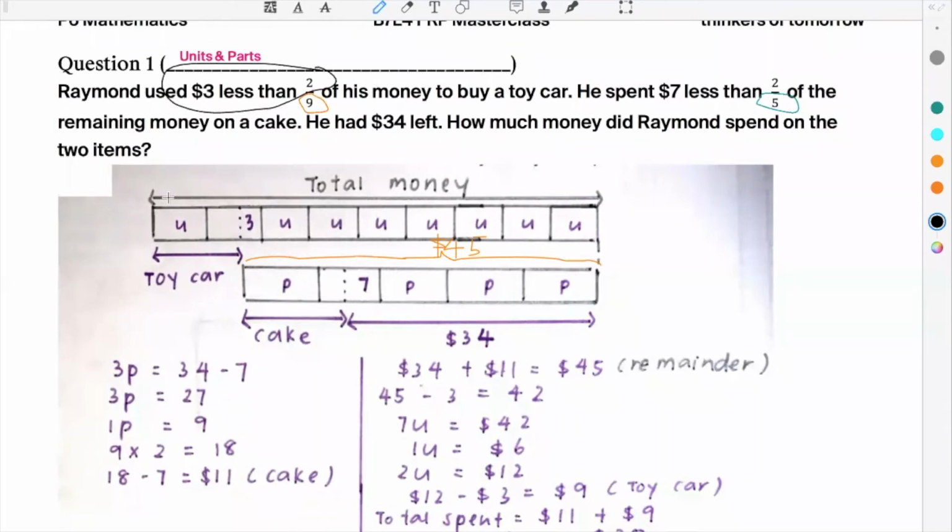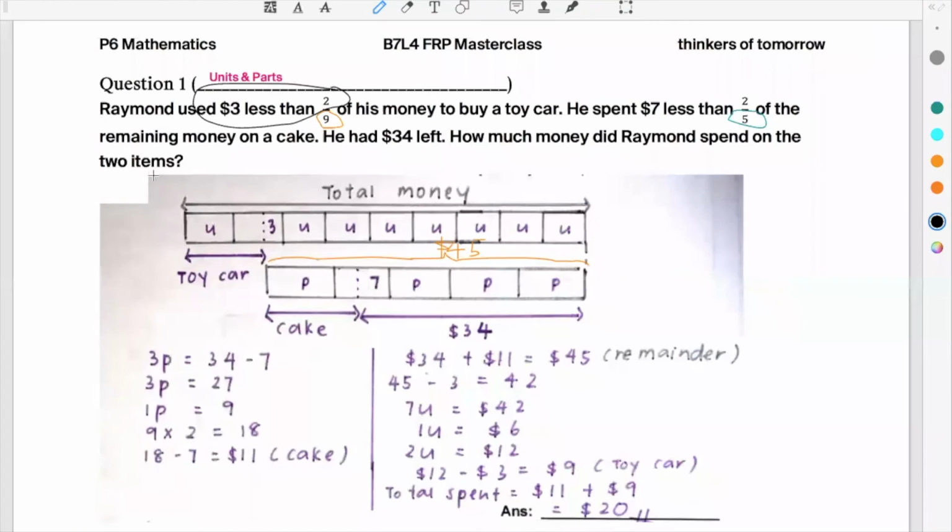So you take 2 units, and then you move backwards by 3. So 2 units minus 3, that will be the amount spent on the toy car. I encourage you to listen before you copy. More importantly, you need to understand what I'm doing here.